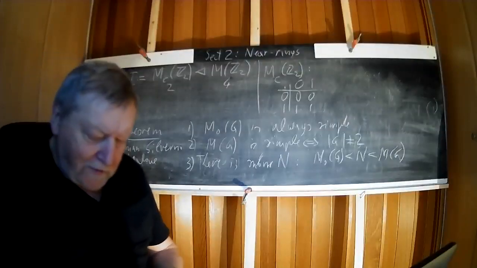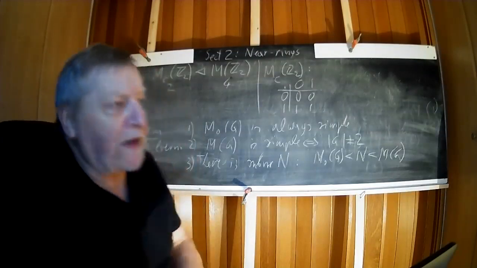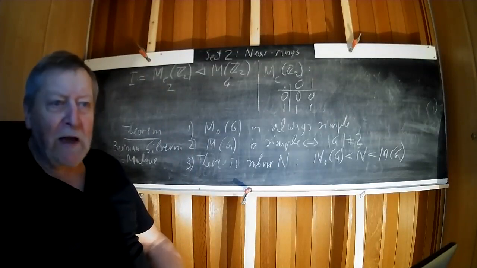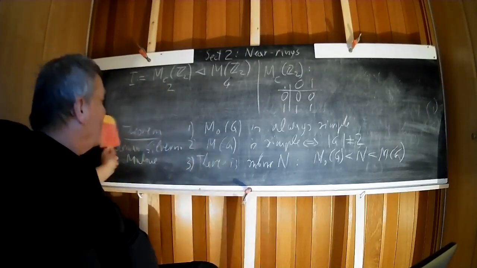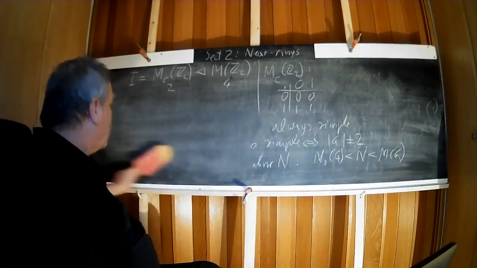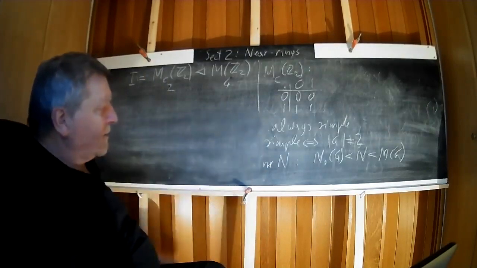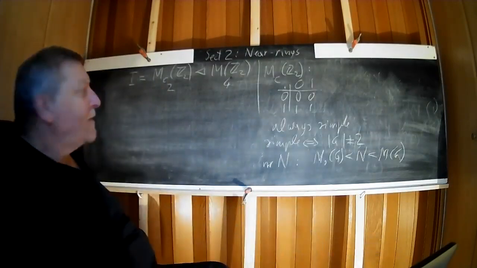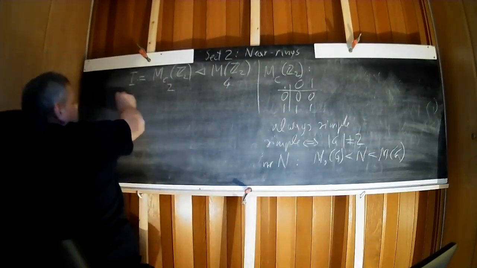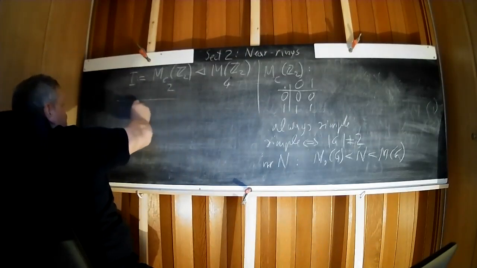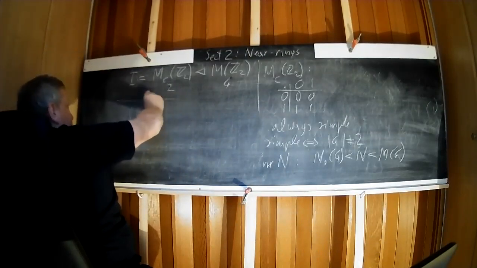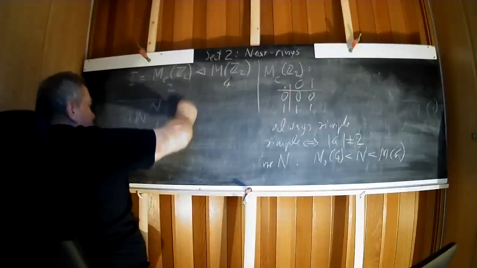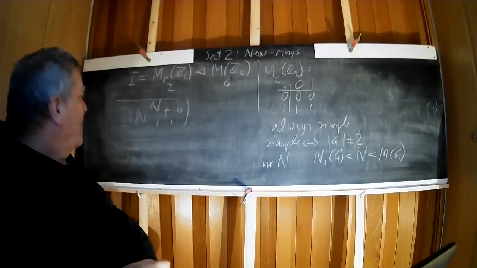Now you might say that's a creature which never shows up in nature, but it's not true. Similar to the case of M of G, we have examples right at hand. For instance, take all the natural numbers and take all the functions from the natural numbers into itself with addition and composition.